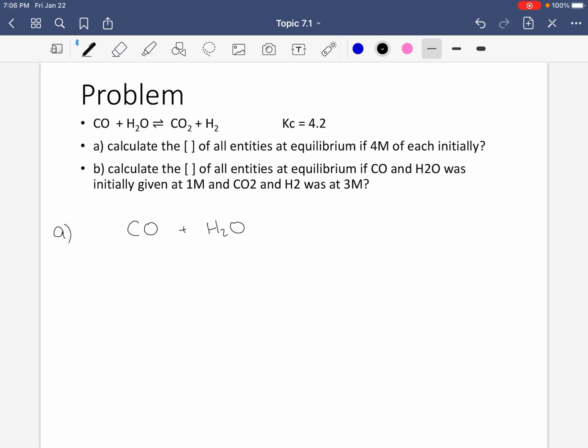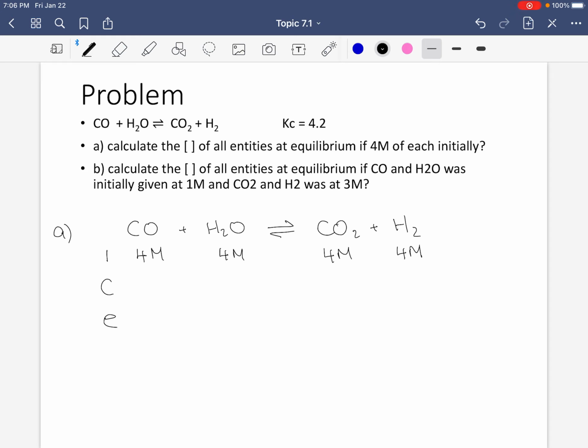So here's my situation. Here's my ice table. It was said that 4 molar of each were given initially.